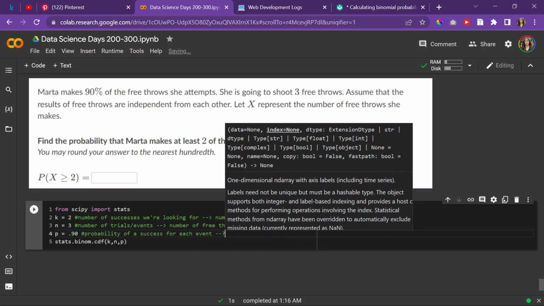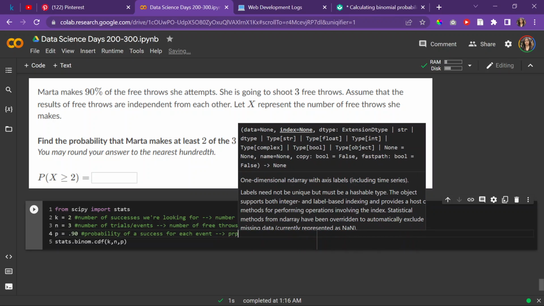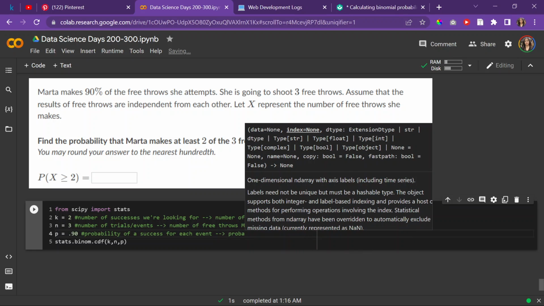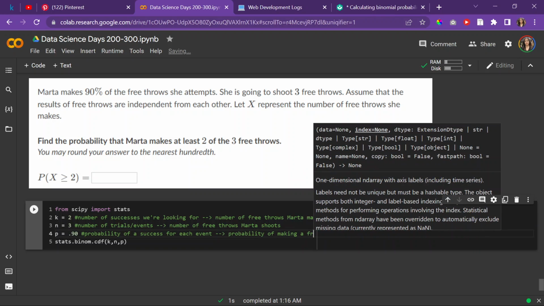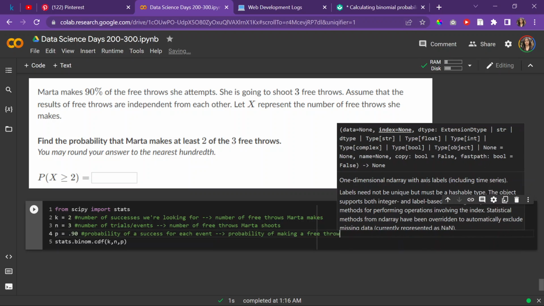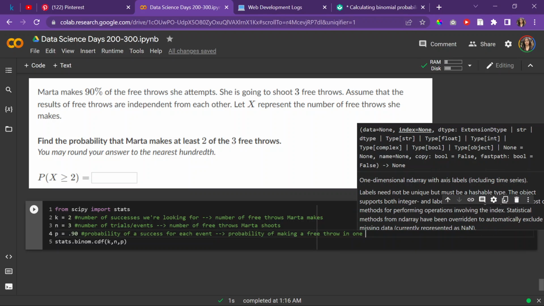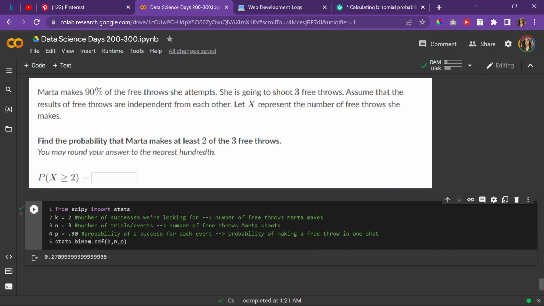In this case, it is the probability of making a free throw in one shot. Like in one free throw, what's the probability of making it? So run that just to have some notation, and again round it to the second decimal place.